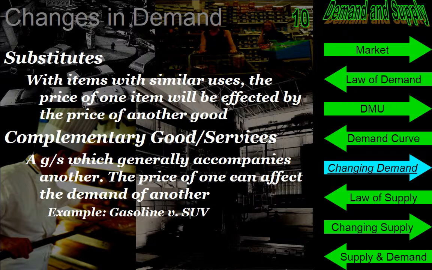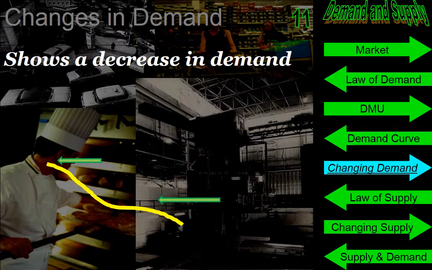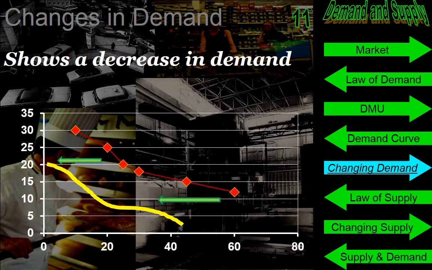So let's take a look at that demand curve again. We have an original demand curve, but we're going to show that there's going to be a decrease in demand. When we draw a new curve, remember, the new curve doesn't have to be precisely on the dot because we're kind of guessing here, but we want to guess in the correct direction.